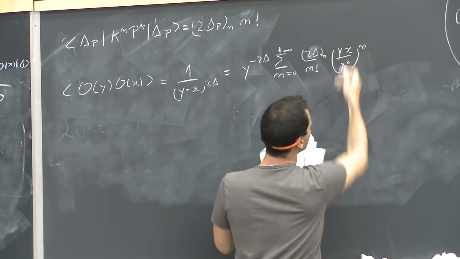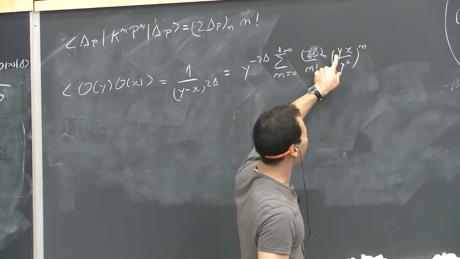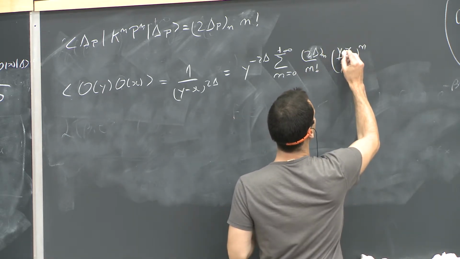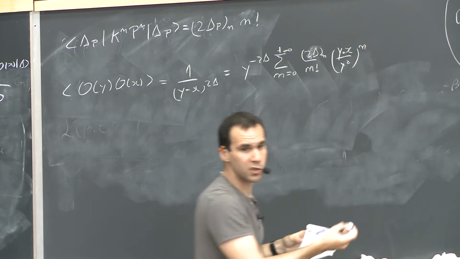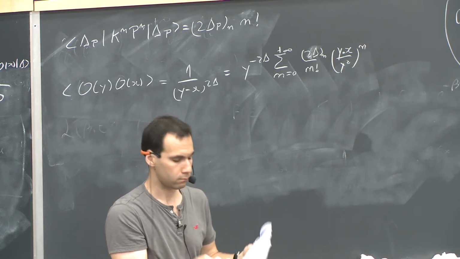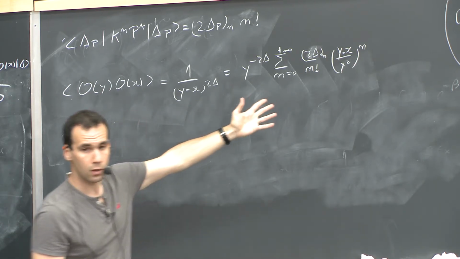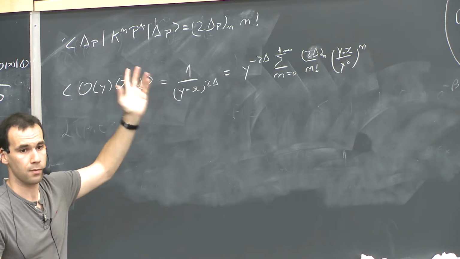So I wrote it in this way simply because this is also true in higher dimensions if you write y dot x divided by y squared. Of course, in one dimension, this is just x over y. Okay? So this is true. You can just check. Do it in Mathematica if you want.